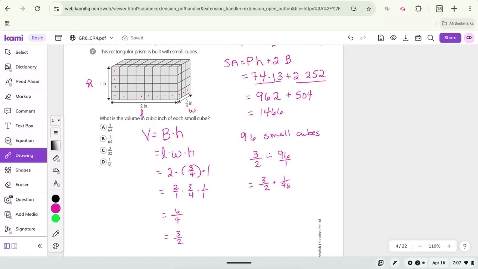Now 3 goes into 3 one time, and 3 goes into 96 32 times. So I can make this a little easier on myself. In the numerator, 1 times 1 is 1, and in the denominator, 2 times 32 is 64. So the volume of 1 cube is 1/64.